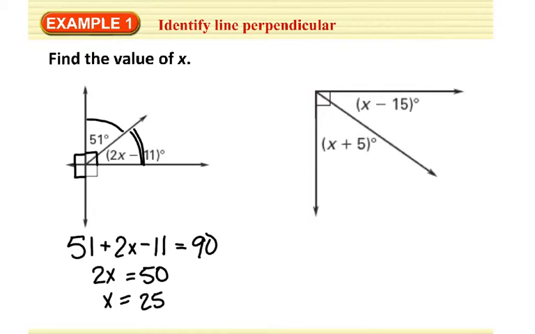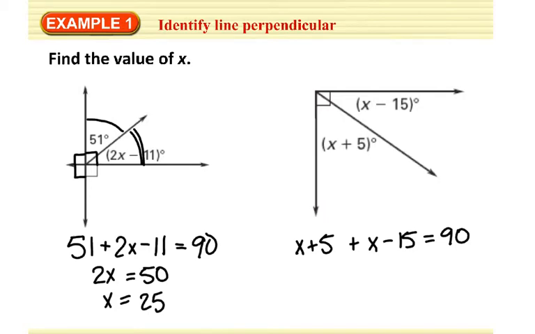Okay, this last one is using theorem 3.10. We know for a fact that these two adjacent angles are going to add up to 90 degrees. So set up that equation: x plus 5, plus the other angle, x minus 15, is going to equal 90 degrees.